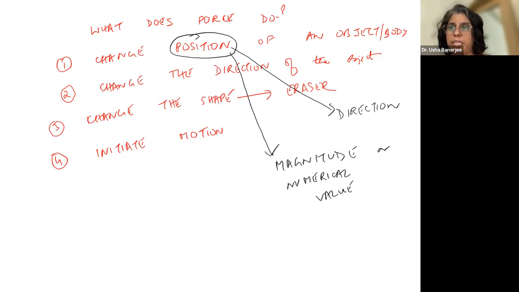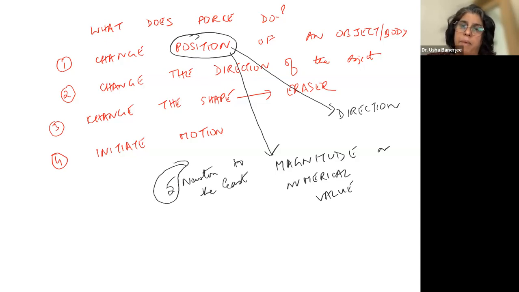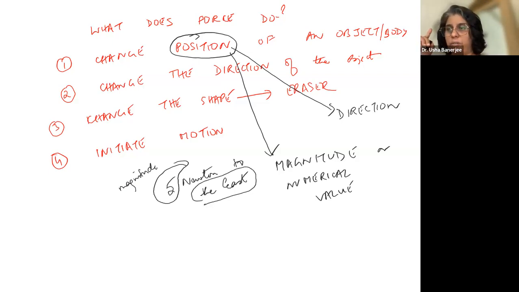It moves to the east. Suppose the force that you apply is 5 Newton to the east. This means the number 5, the numerical value, is the magnitude, and this east is the direction, right? So a force will have both magnitude and direction. These are extremely important concepts. You will need them all your life if you study physics or science.